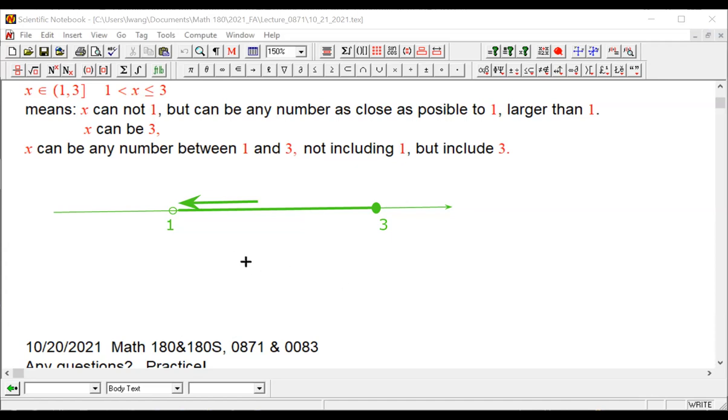Does that make sense? You can be infinitely close to 1, larger than 1, but never is 1.